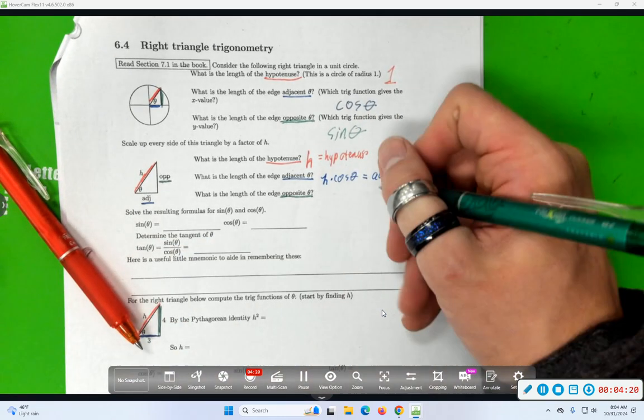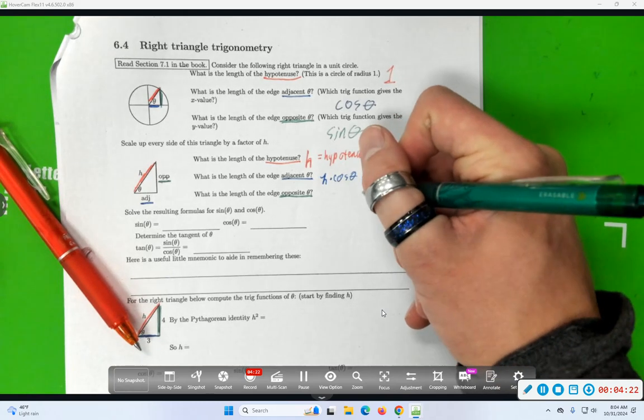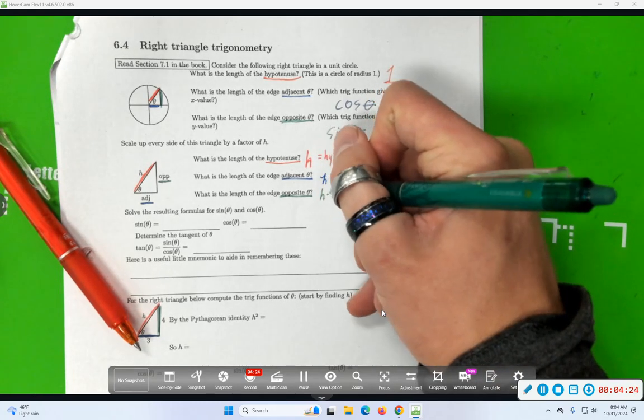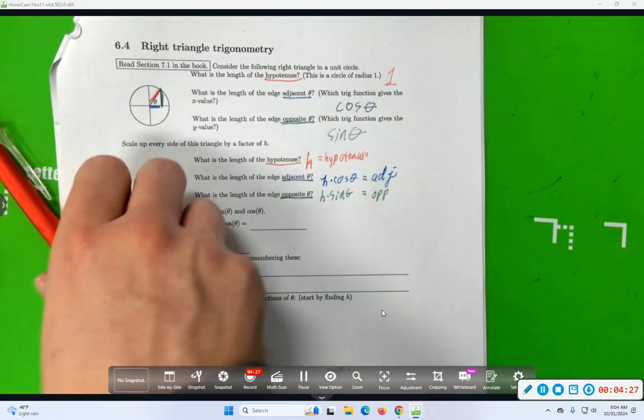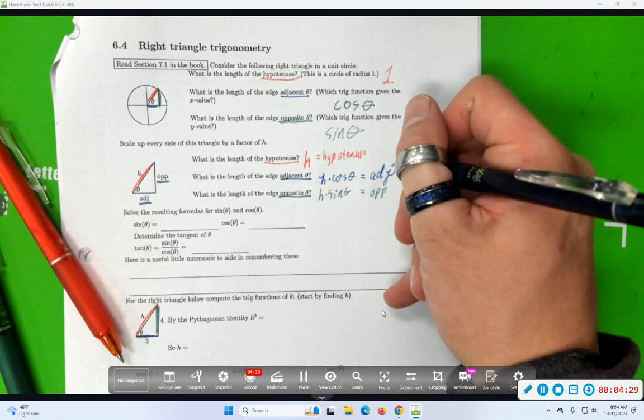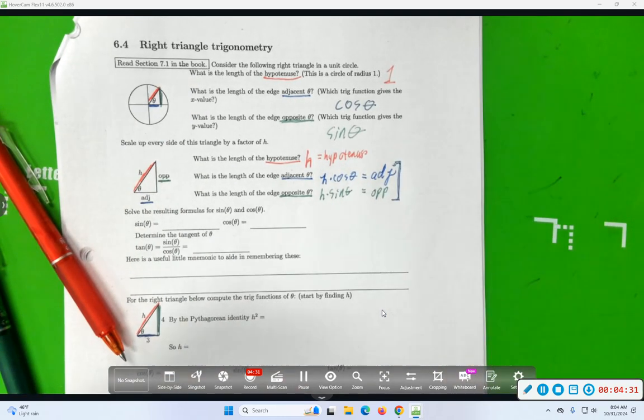Length of the side opposite? h times sine theta. All right. So take a look at these two in particular. Could you solve those for sine and cosine respectively? Yeah, you just need to do some division.